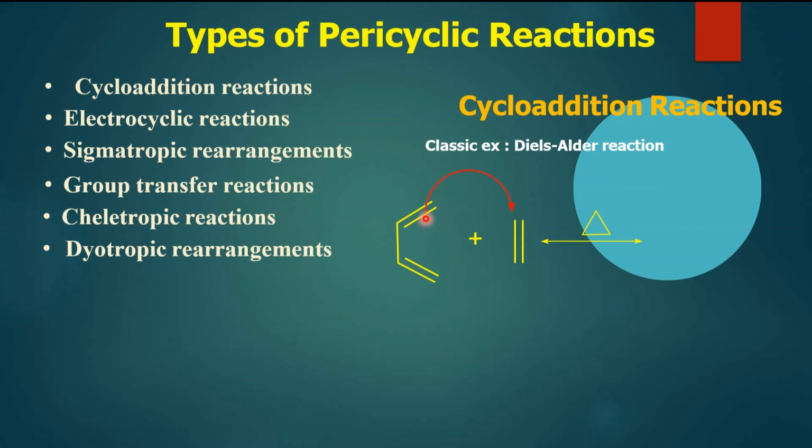The pi electrons in the diene move towards the alkene carbon, and the pi electrons in the alkene carbon move towards the other end of the diene. To maintain its valency, the pi electrons in this position move towards the next position. There is a reorganization of electrons.